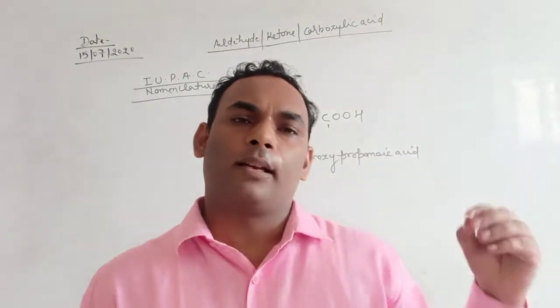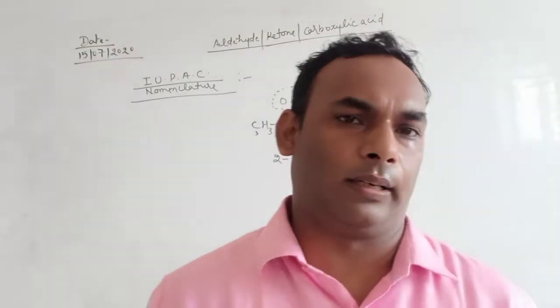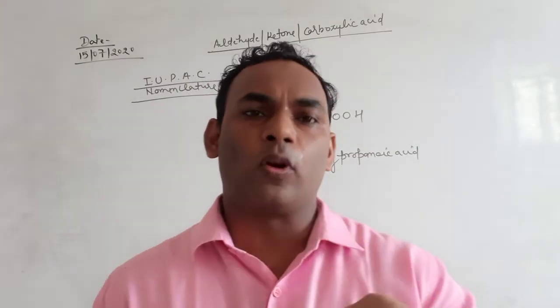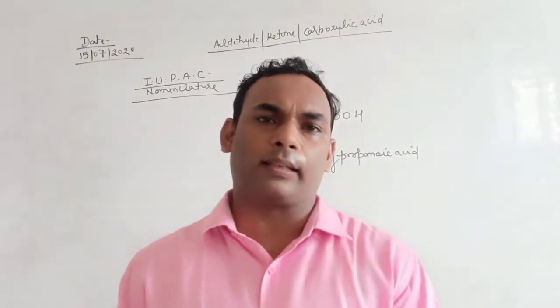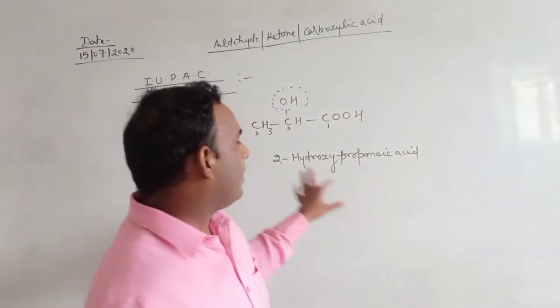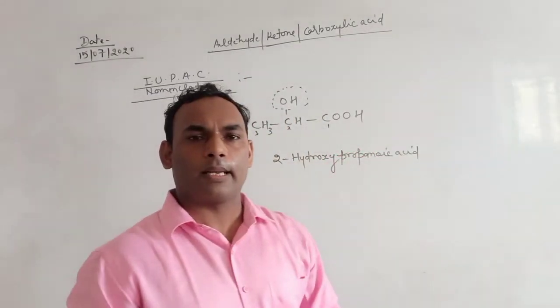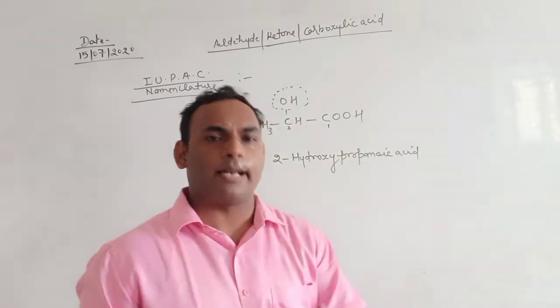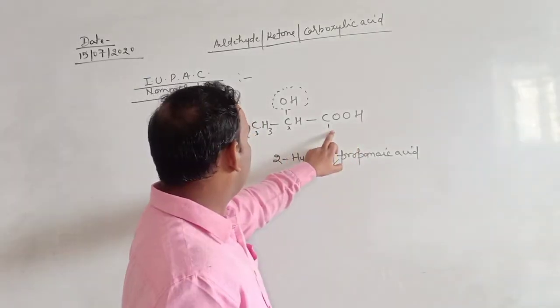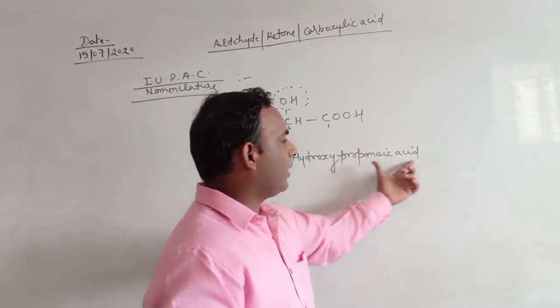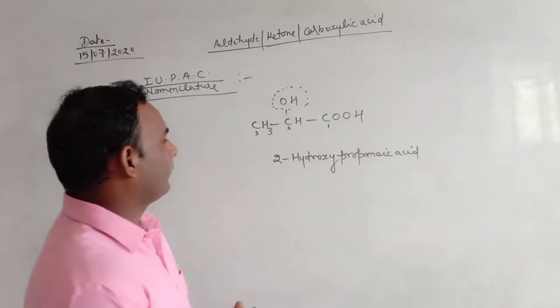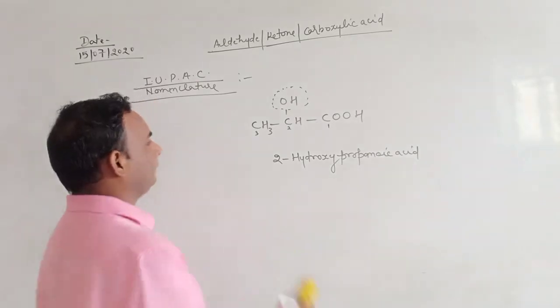That's why it is named as hydroxy. And 2 is the locating number of the hydroxy group. And propanoic acid is the parent name of this carboxylic acid, because it contains 3 carbon atoms, 1, 2, 3. That's why it is named as propanoic acid. Next example.